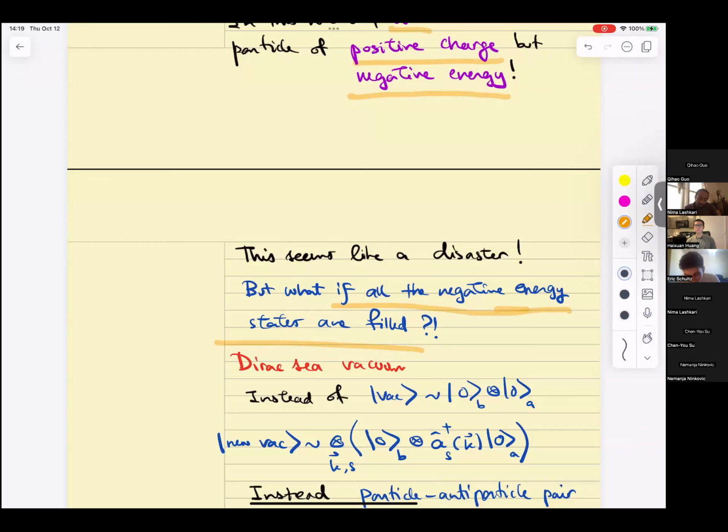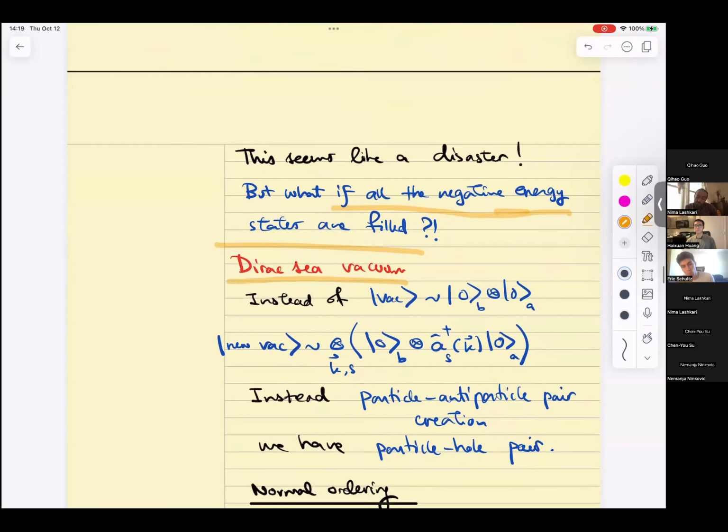This is what's called the Dirac sea vacuum. As opposed to the standard vacuum of B and A, which would be unstable, you could pick a new vacuum, the Dirac sea vacuum, where the B particles create positive energy stuff. That's all good. So you can take the good old vacuum.